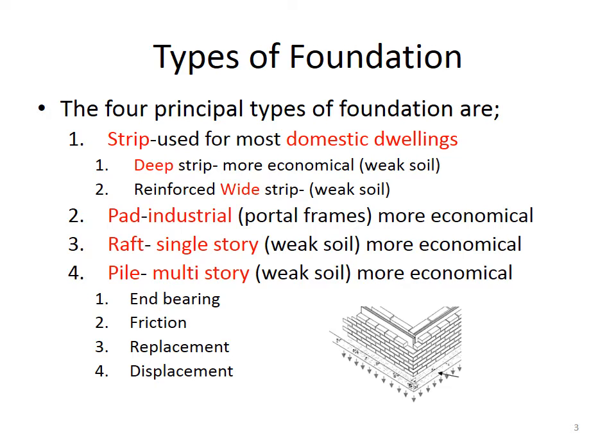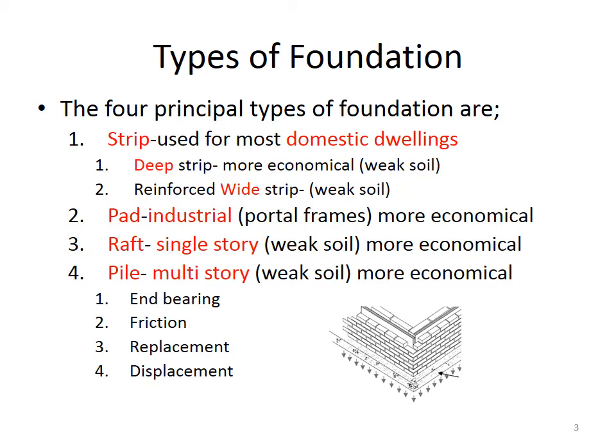The third type of foundation is called a raft foundation, usually only used on single-story buildings. Again, this might be used where we have soil that's quite weak. Basically, a raft foundation is one continuous slab of concrete that's placed underneath the structure. Again, it might be more economical to use the raft foundation than to dig down very deep and use deep strip foundations, or pile foundations, which we'll talk about in a minute.